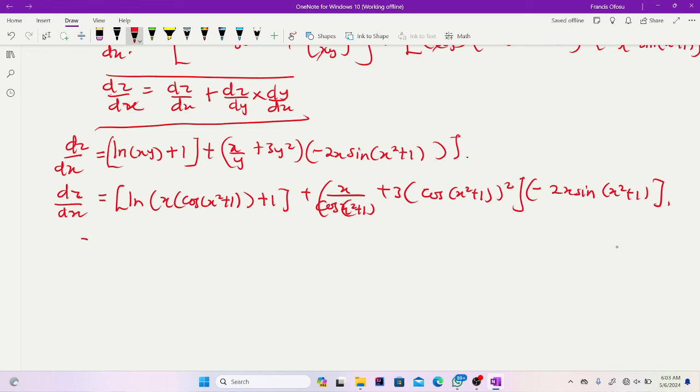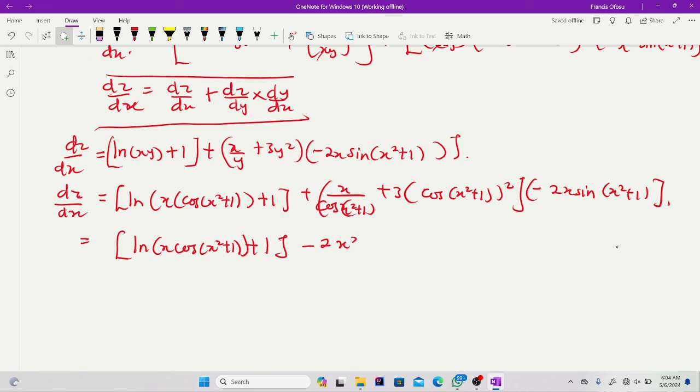So let's see. This can be finalized as natural log of x cosine of x squared plus 1 here. Then now let's see. Here will be plus. I'm having this multiplying everything here. So minus 2. Remember, it is negative 2x. I'm multiplying by this expression. Okay.